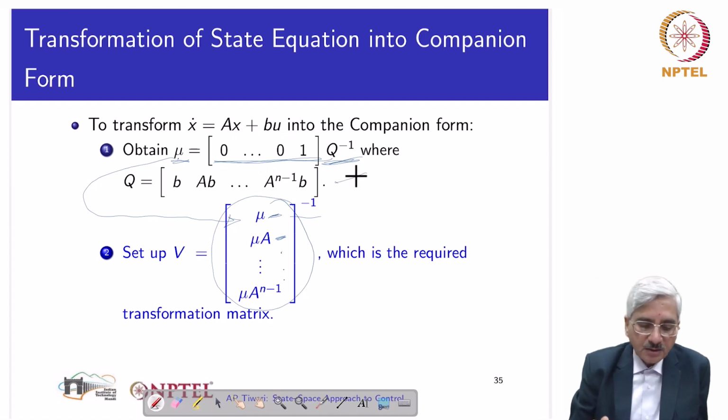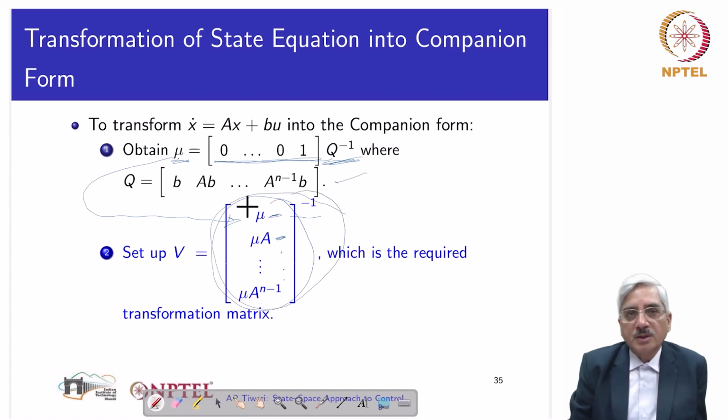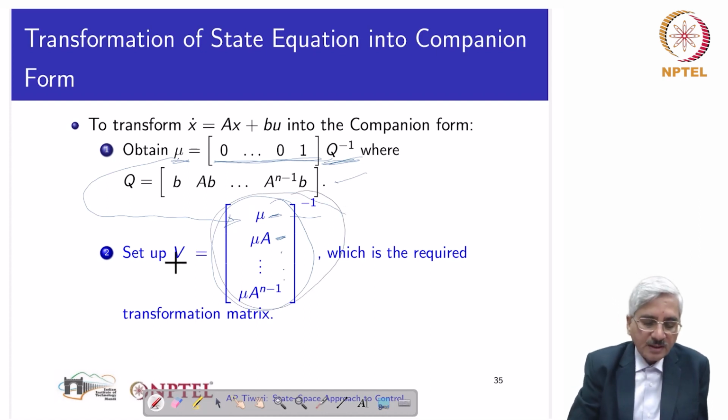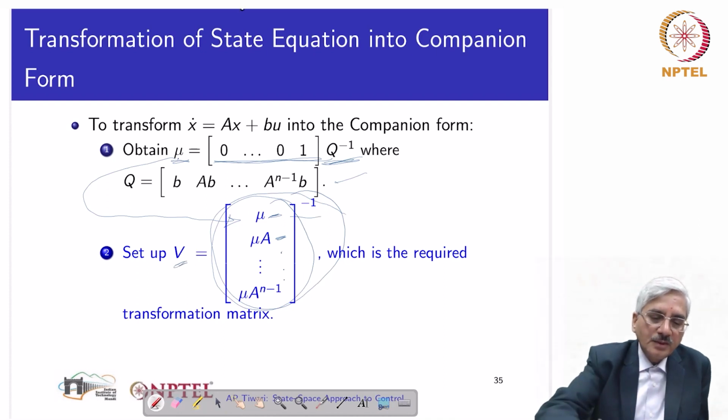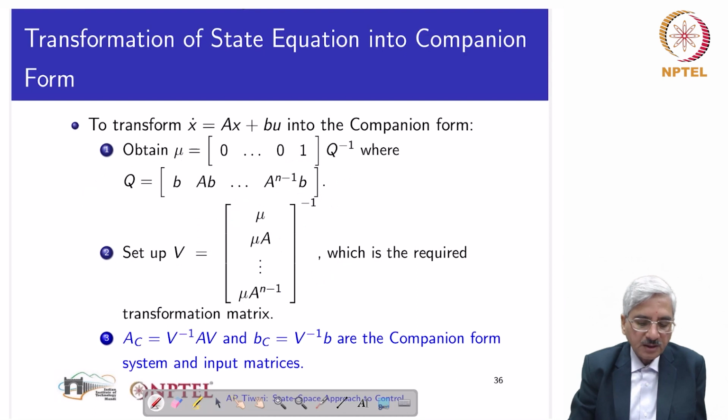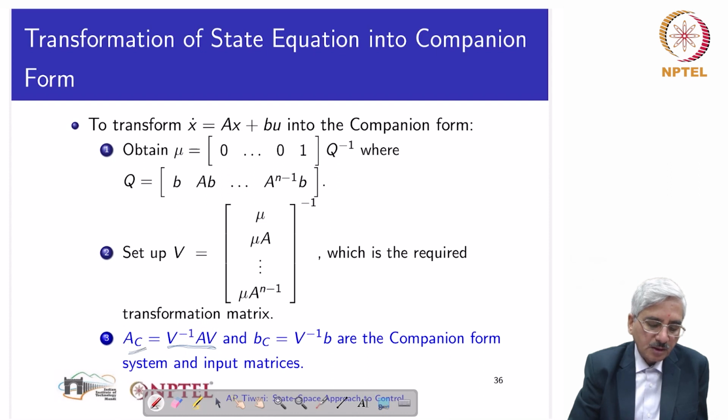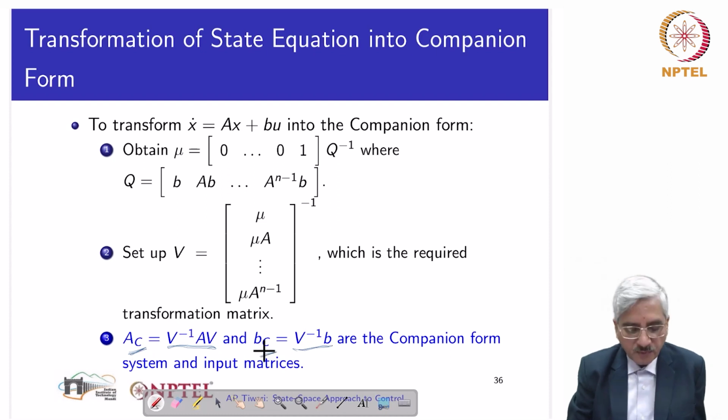And if the system is controllable, this inversion will be possible. So we will get V as the inverse of this matrix. Then we have to, of course, invert V, and we have to get V inverse AV. This will lead to the companion form system matrix AC, and V inverse b will lead to the companion form input matrix bC.